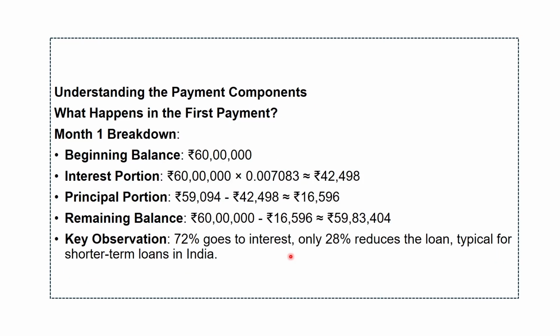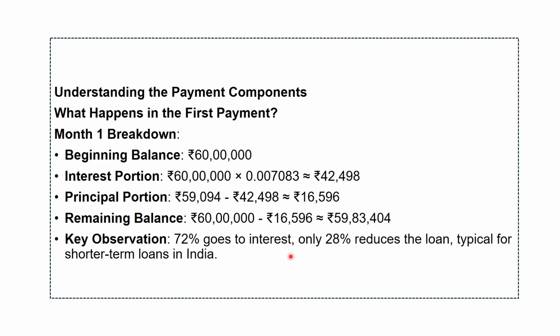Then we come to understanding the payment components. We have a beginning balance of 60 lakh, and then the interest portion, that is 42,498, and the principal portion of 16,596.